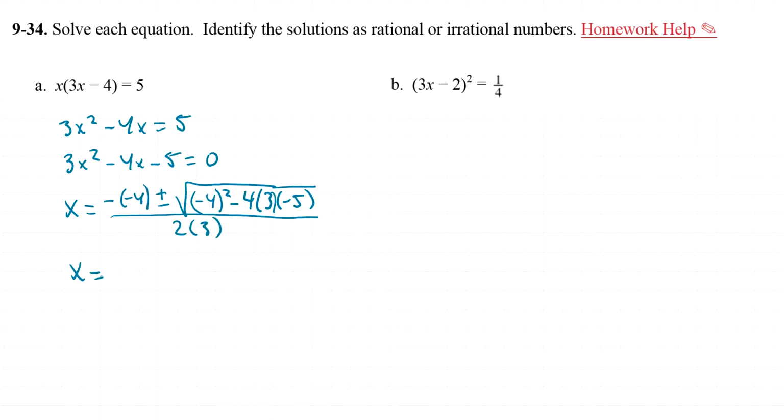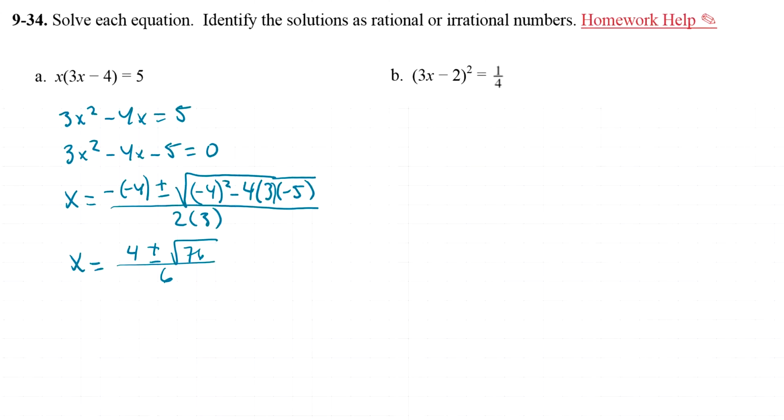So now we want to use our calculator to kind of simplify. And so this is going to be 4 plus or minus, and negative 4 squared is 16 minus 4 times 3 times negative 5 is 76, square root 76, divided by 6.